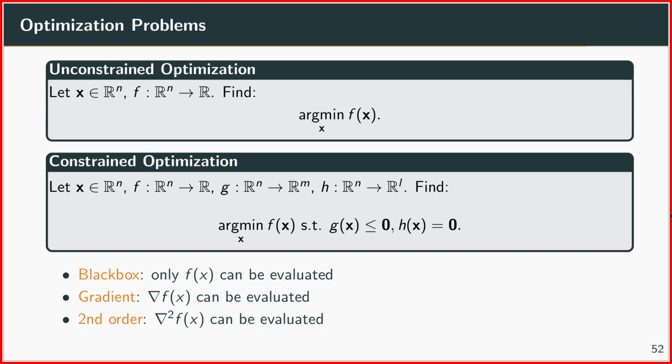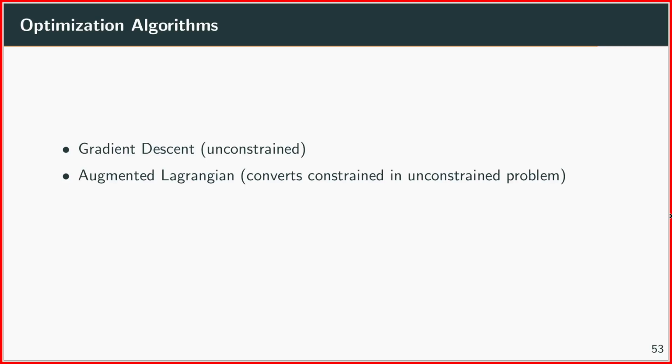Of course, the more derivatives you can compute, the more additional information you have, and in general, it's easier to solve the more information you have. I would say almost everything can be cast as an optimization problem, and in the end, it's super important to figure out if something has derivatives to make it faster.